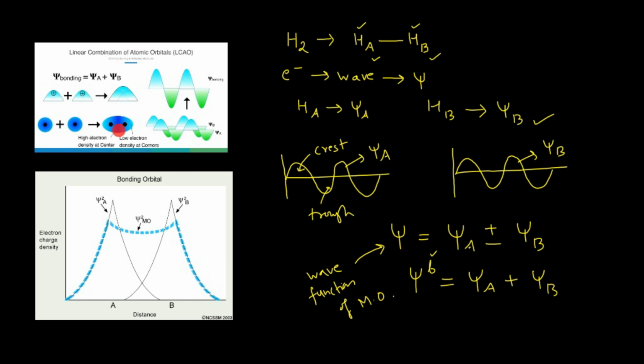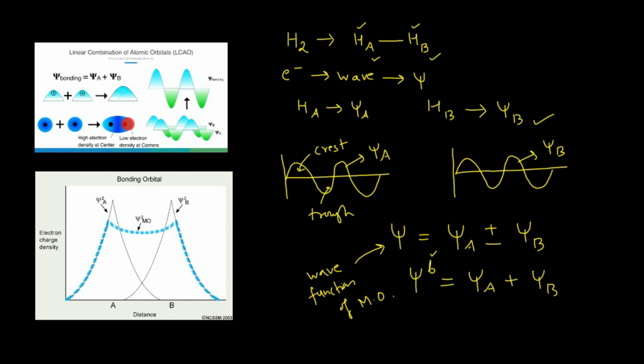When the electron density here is large, this electron density shields this nucleus from the repulsion of the other nucleus. So the nuclear repulsion decreases in that case, and the attraction between the electron and the nucleus increases, which gives greater stability to the molecule.